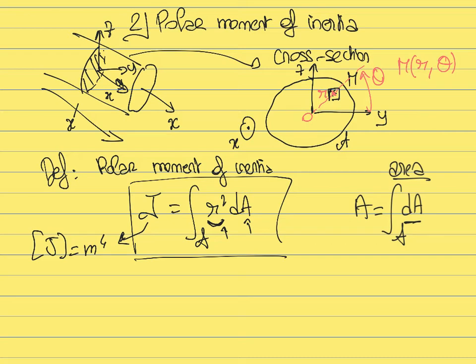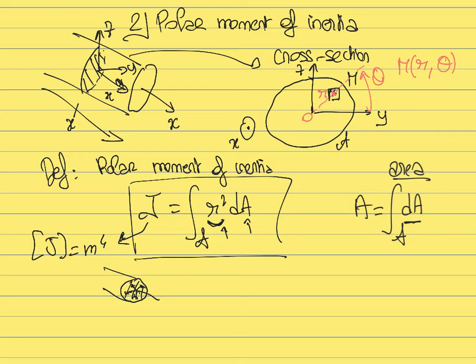So just to give you some intuition about what the polar moment of inertia means, if you have a beam with a cross-section that is a small tube that is filled with matter like this, then when you are summing, you take all the points M belonging to this cylinder, you take their square distance from the center, because here all the points M have a small distance from the center.